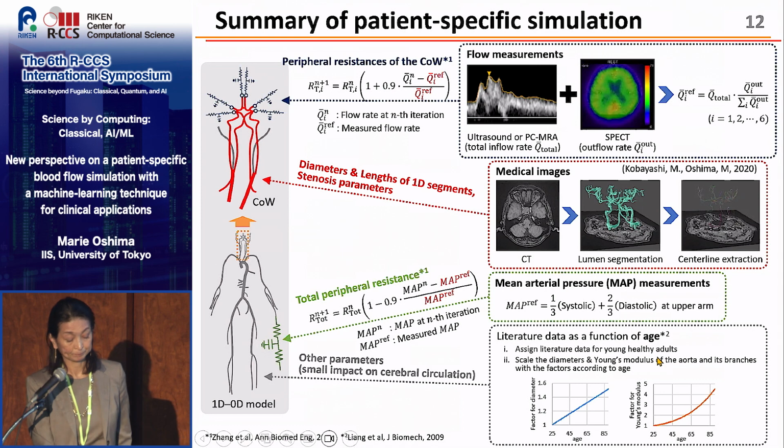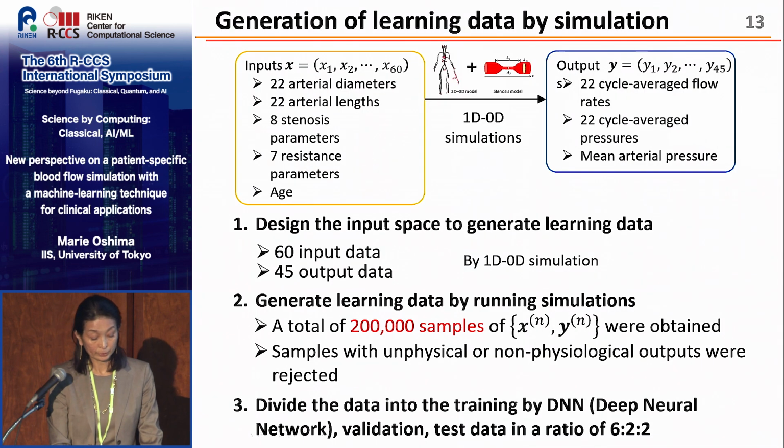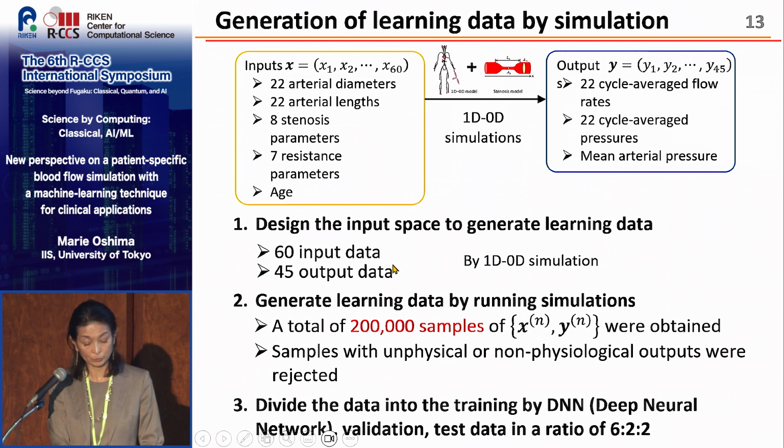And then for the learning data, we have 60 input data, and then we have 45 output data. And these input and output sets are obtained by the 1D, 0D simulation, which I just described.